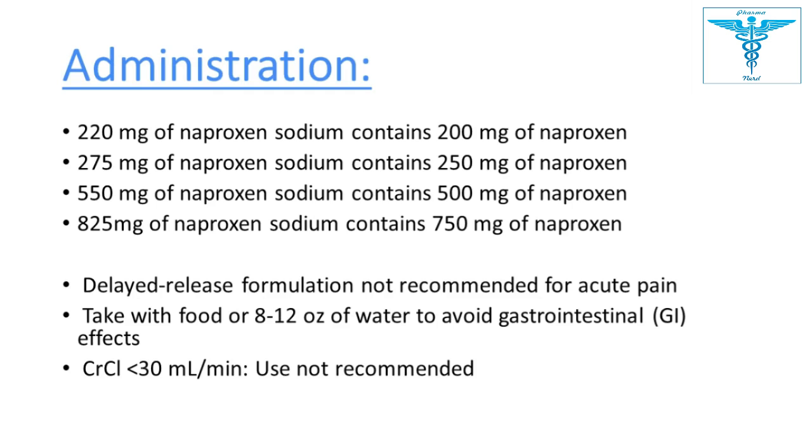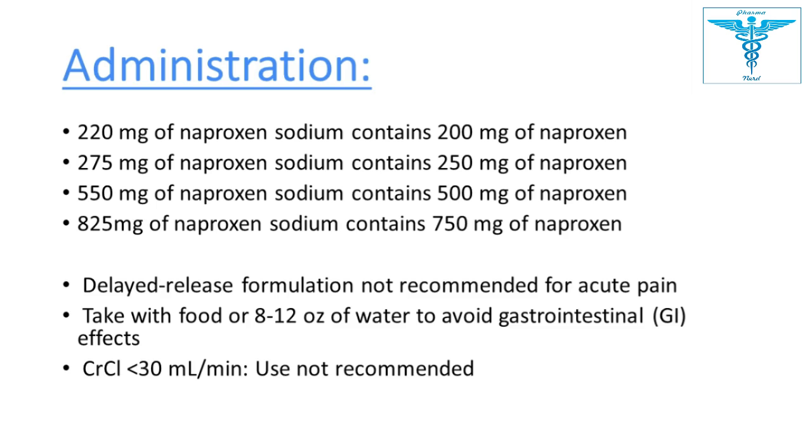Administration: 250 mg naproxen is equal to 250 mg sodium naproxen is equal to 200 mg naproxen; 825 is equal to 750 mg of naproxen, 550 is equal to 500 and 275 is equal to 250 mg.